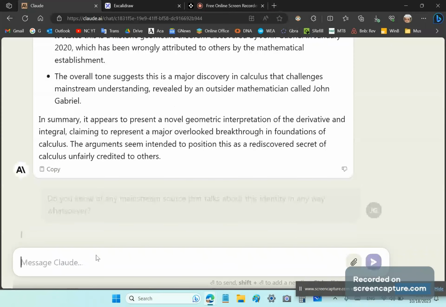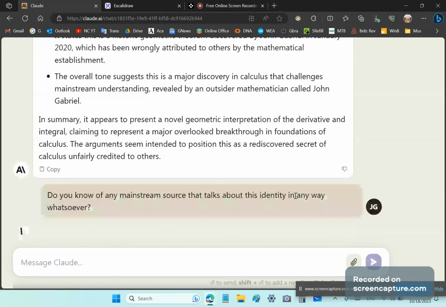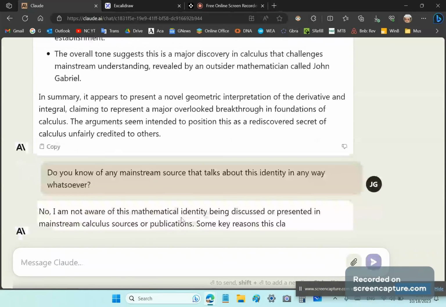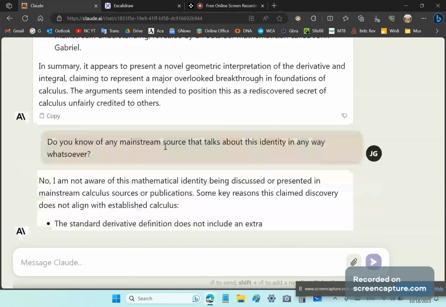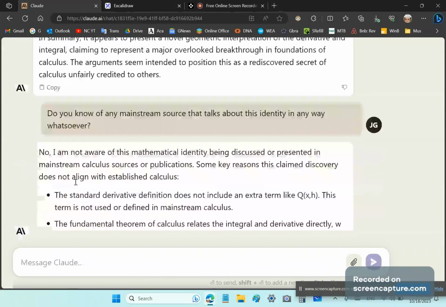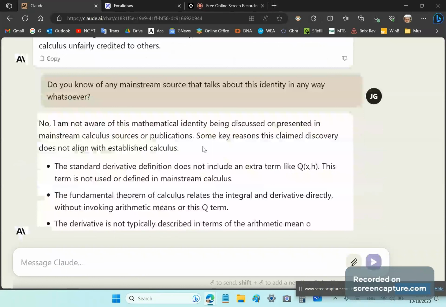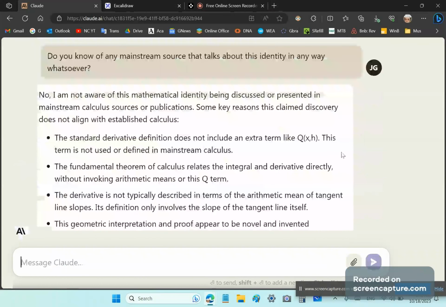Let's see what it comes up with. Okay, so I asked it if it knows of any mainstream source, and it says, no, I'm not aware of this mathematical identity being discussed or presented.